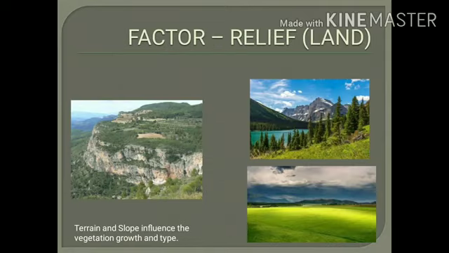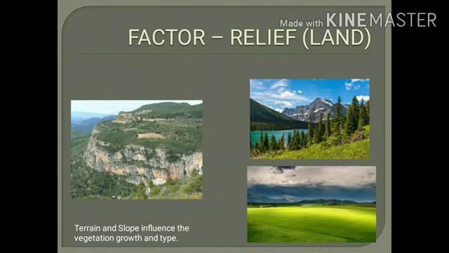Next important factor is soil. Soil is very important, as we know that soil is one of the major ingredients of the growth of vegetation. Soils are of different types, with different physical characters and different chemical characters. Based on that they have different colors and different qualities. Different soil groups support different types of vegetation.